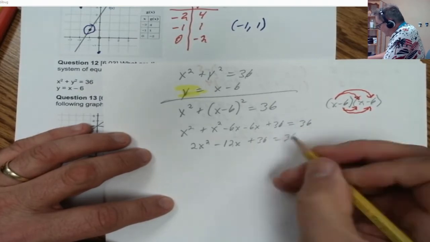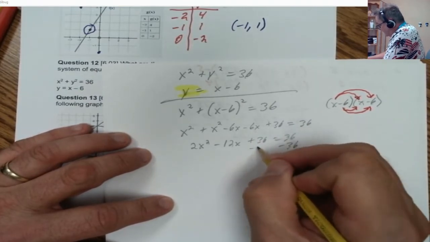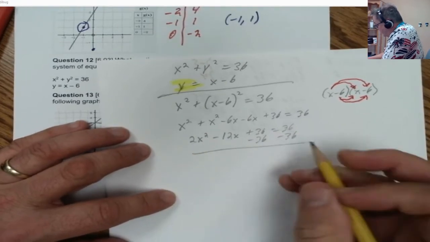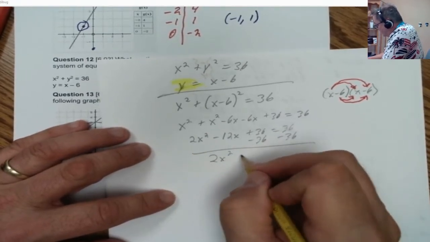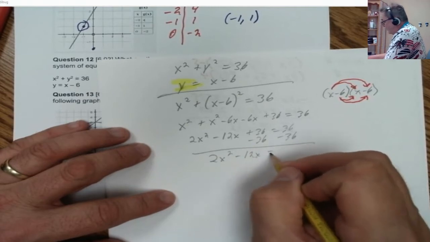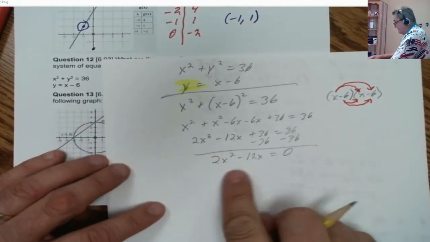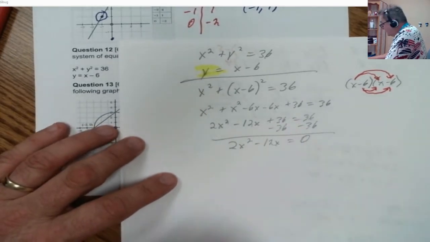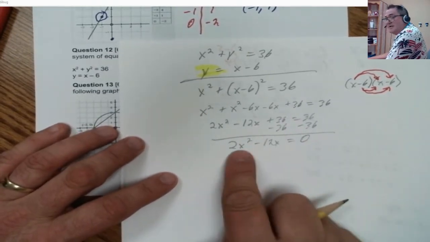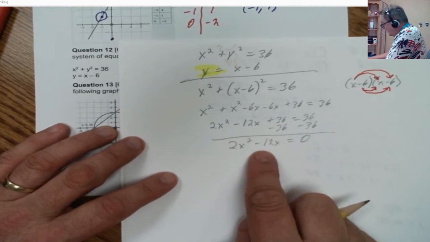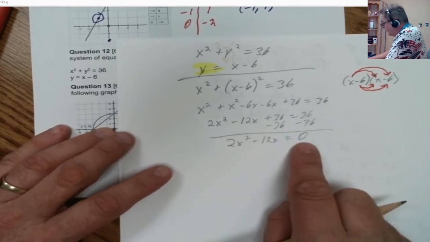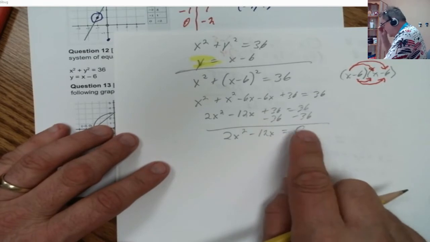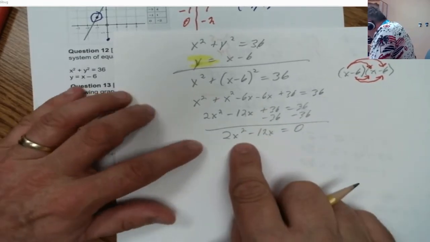So if we subtract 36 from both sides, we have 2x squared minus 12x equals 0. We have to set it equal to 0 to solve it, and in this case our constant went away. We have no constant at all. So we can factor this, because one of the factors has to be 0 for the product to be 0, right? This is an easier one to factor.